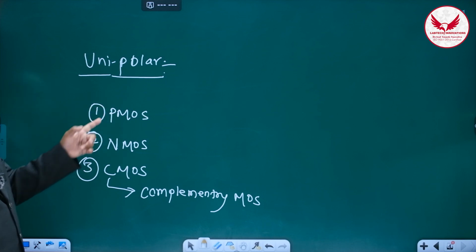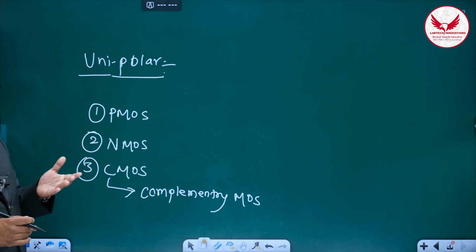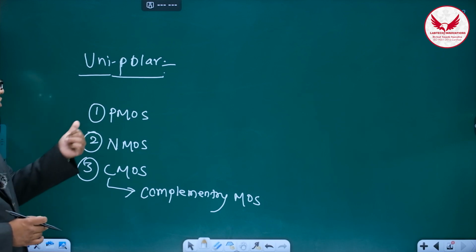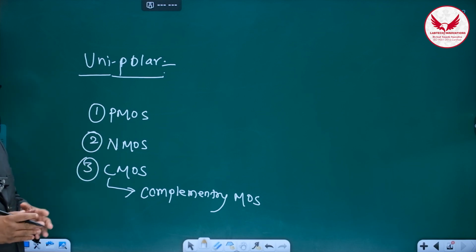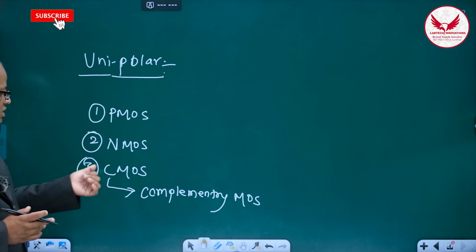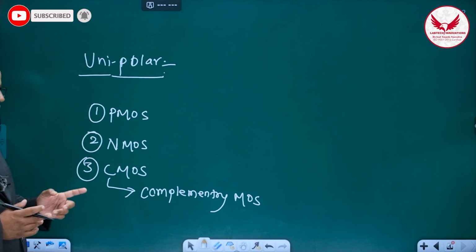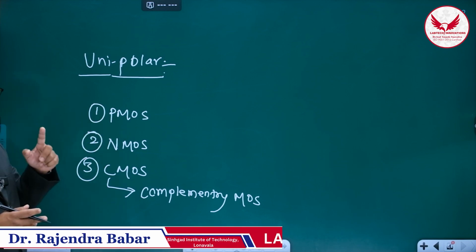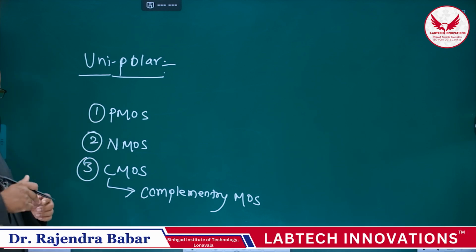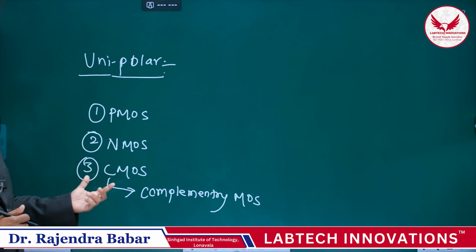Suppose I want to construct an inverter using PMOS: for logic low as well as logic high, I use P MOSFETs only. In NMOS, I use only N MOSFETs for constructing the inverter, and in CMOS, I use one from the PMOS category and another from the NMOS category. So PMOS is generally used to get the high level, and NMOS is generally used to get the low level. So that's why it is called CMOS, complementary metal oxide semiconductor. Thank you.